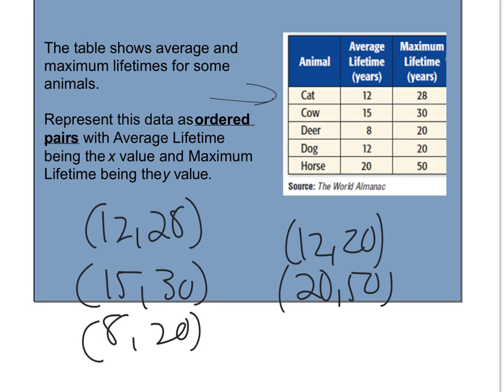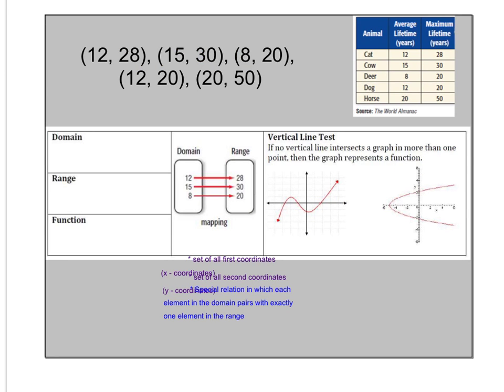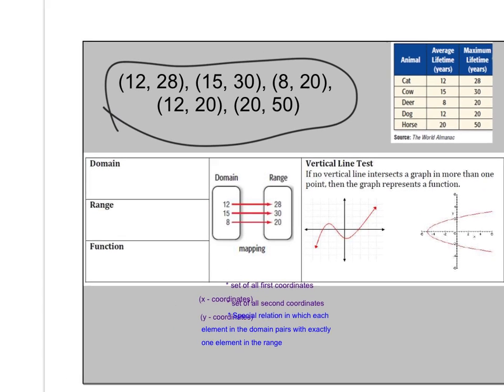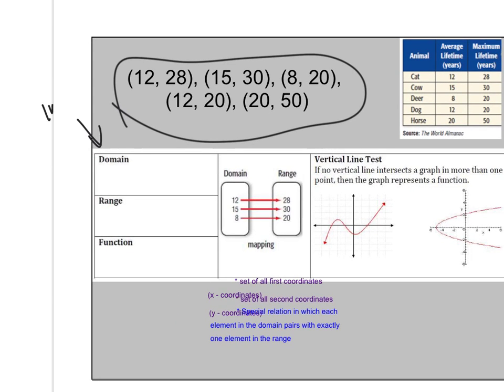Now this would be a relationship at least, okay? It would be a relation between the average number of years that they live and the maximum number of years that they live. So if I look, here's what my ordered pairs should look like. My domain is going to be all my inputs or all my x values. Domain is another way of saying input, and range is like an output.